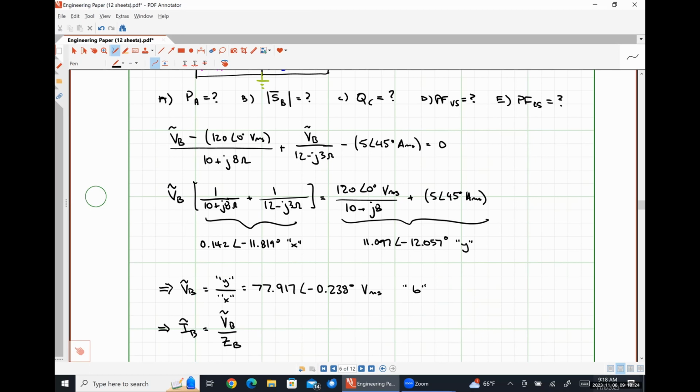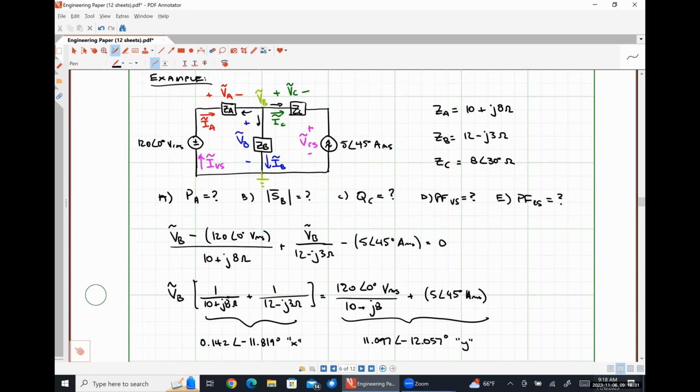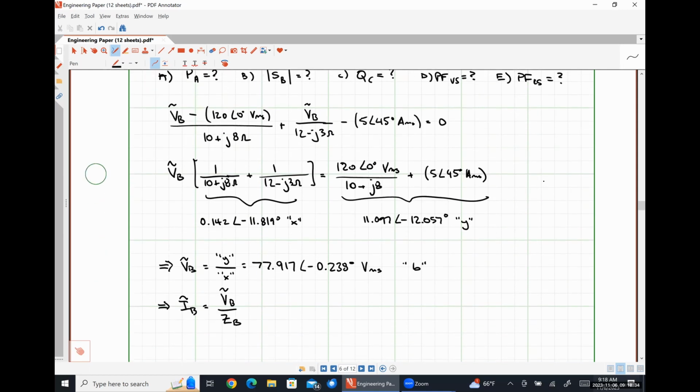So IB would be B divided by 12 minus j3, which gives 6.299 angle 13.798 degrees amps RMS. And now I can solve part B.